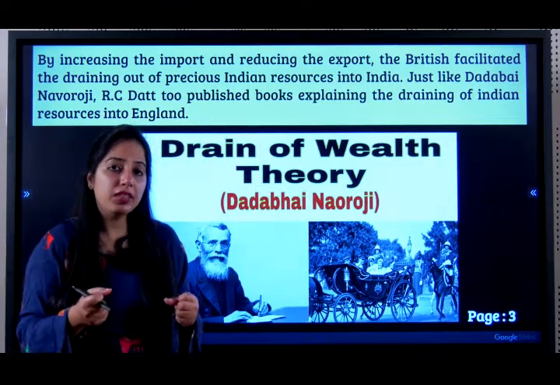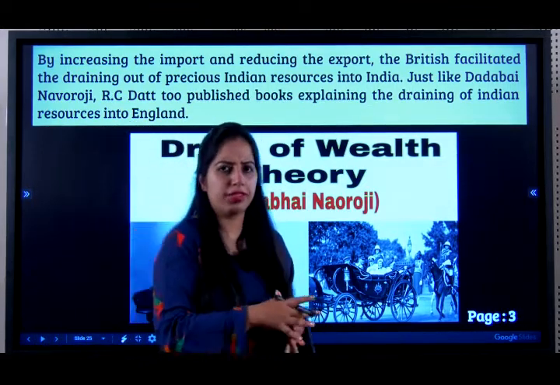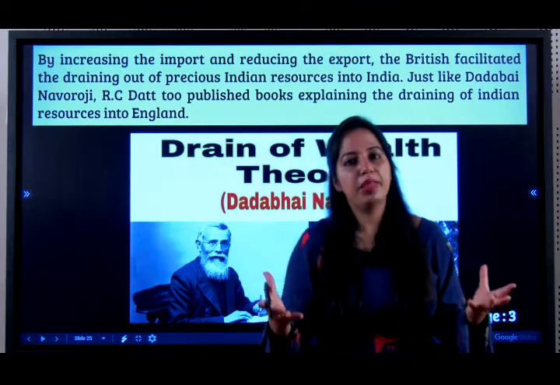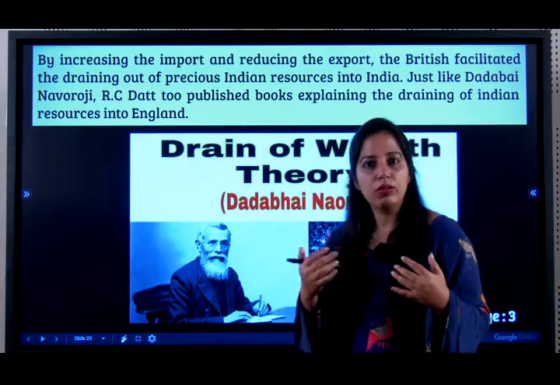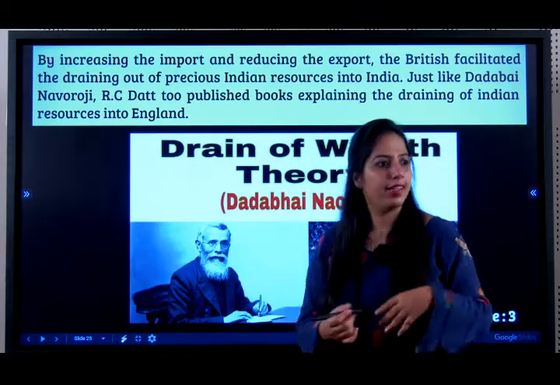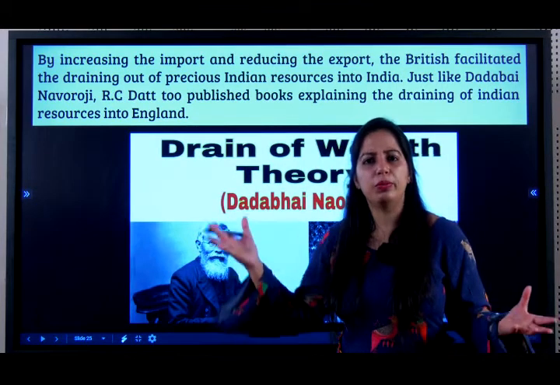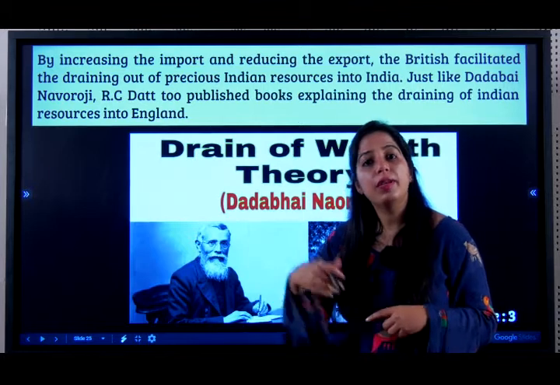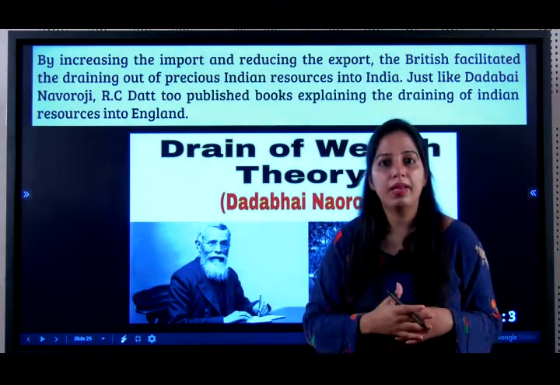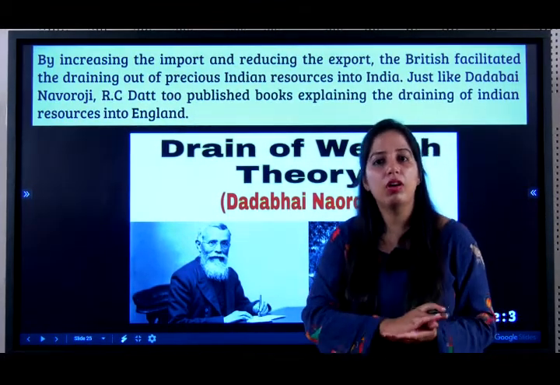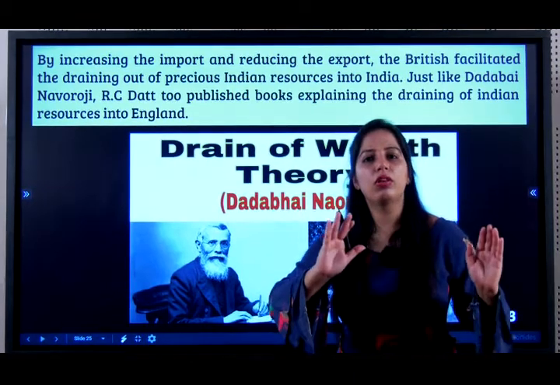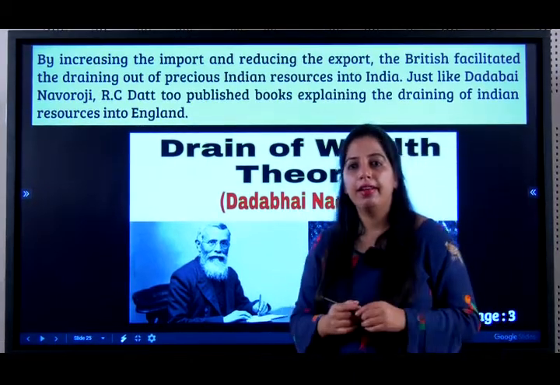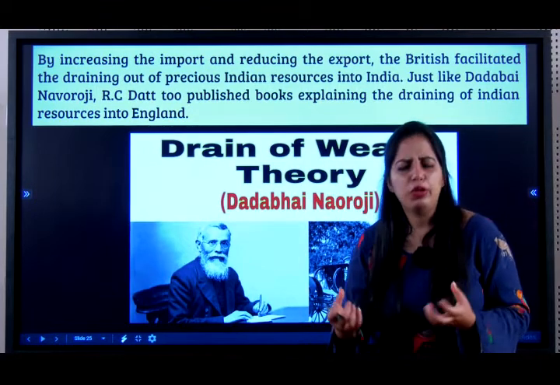So, Indians were forced to grow cotton. Now, if they are being forced to grow cotton, they can also make cotton textiles and sell this cloth all over the world, right? No. They were forced to not make industries that can make cloth from cotton. They were forced to export all the cotton to England for a very, very low price.